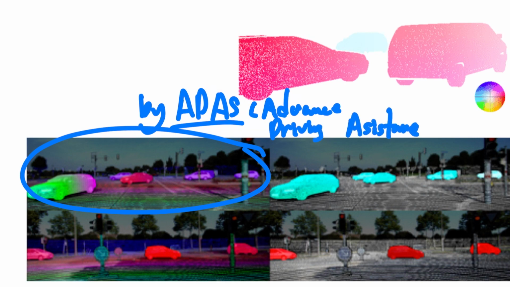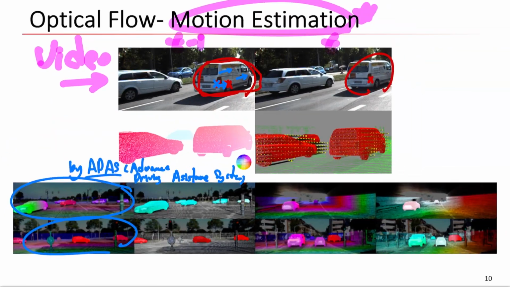You know what it is? ADAS means Advanced Driving Assistant System, like a Google driving car, right? So this is the image. By using the optical flow algorithm, we can analyze the motion information in our images.